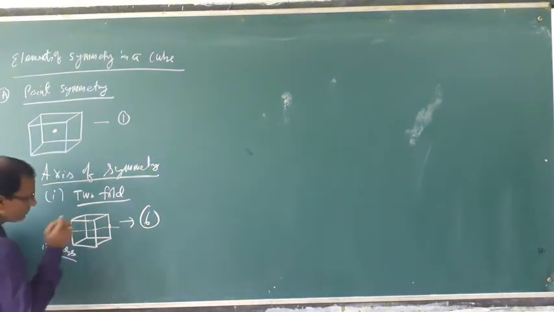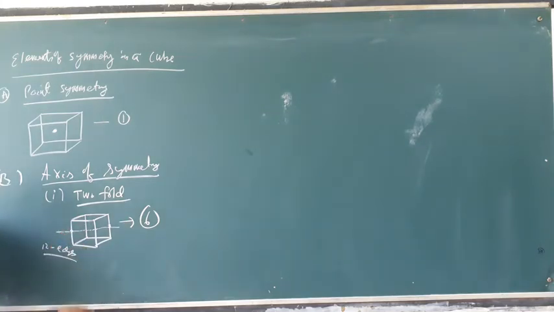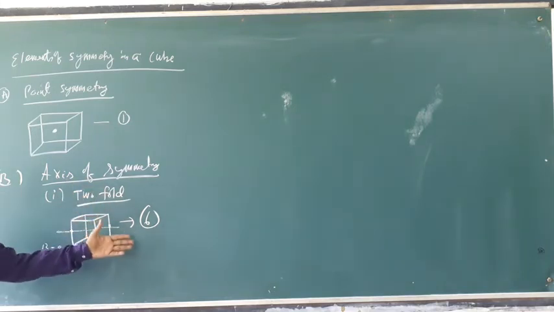This is one example. Another example, if you draw in a different way, it will be 6 axes. The symmetry is possible in 6 ways. That's why in twofold pattern it is 6.